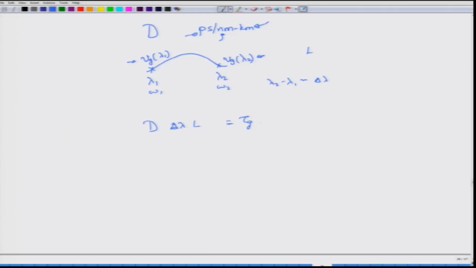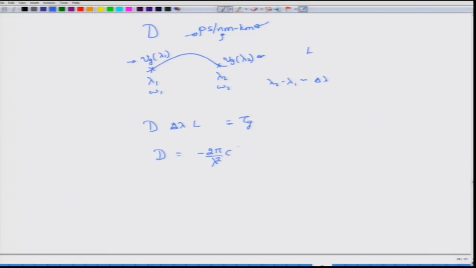And this tau g of course we have also seen earlier that it can be related to beta 2 omega square z, or beta 2 omega square. Okay. So, we have seen this earlier as well, but without going into the details at this point, I do not want to give you too many mathematical details. This D can be rewritten in terms of, or related to beta 2 by this expression. Okay.